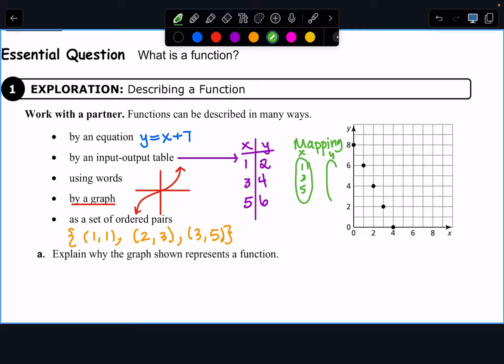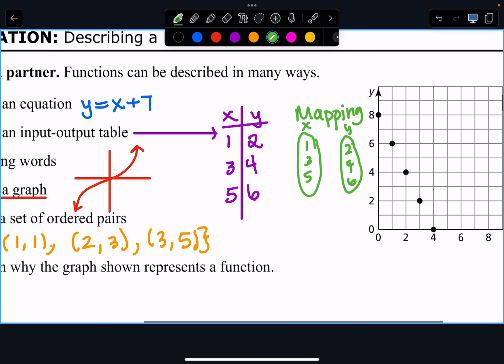And my Y's are 2, 4, and 6. And what a mapping does is it says, hey, my X that is 1 belongs with my Y that is 2. And my X that is 3 belongs with my Y that is 4. My X that is 5 belongs with my Y that is 6.